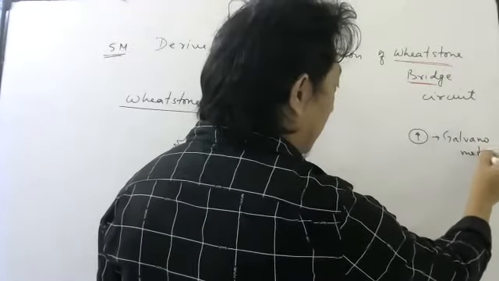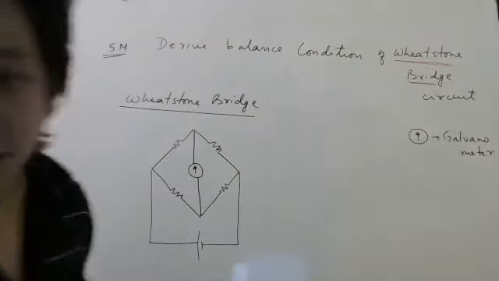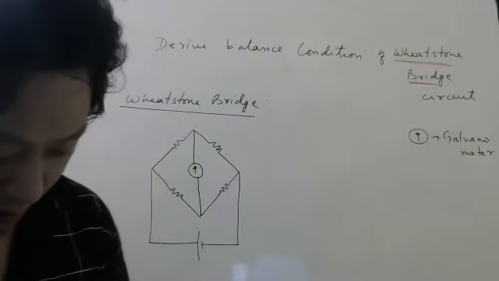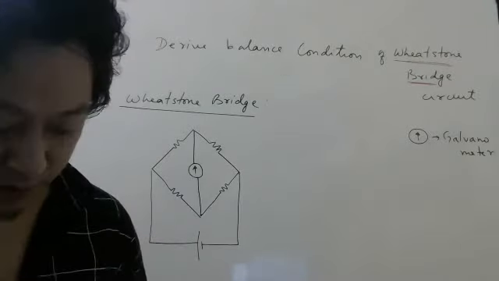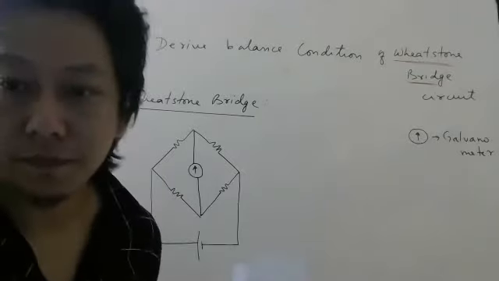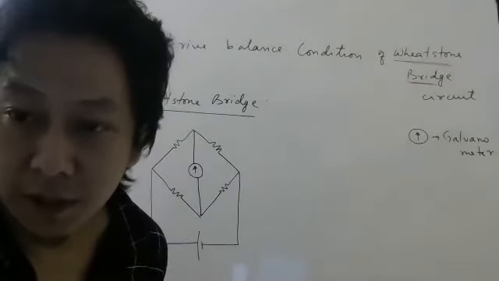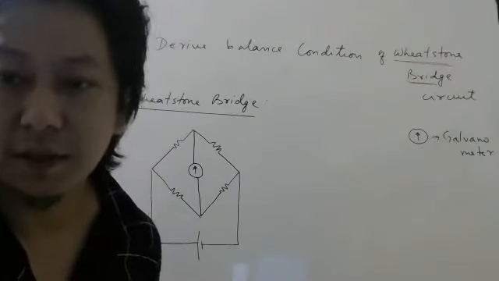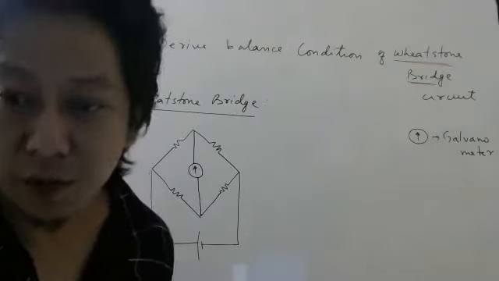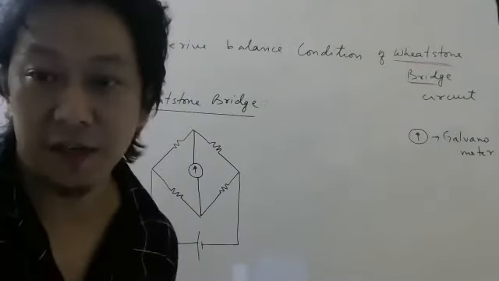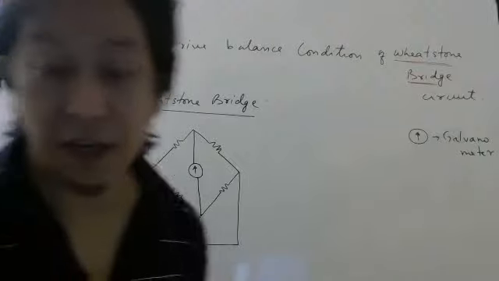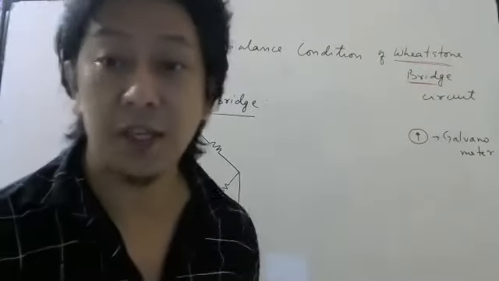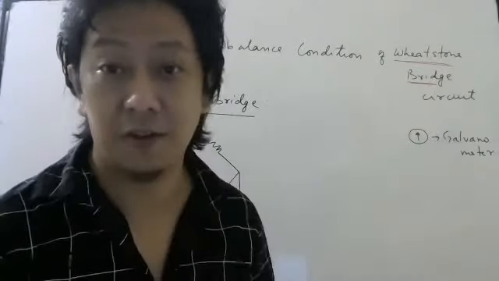Anyone knows what is the function of galvanometer? Measure small current. Yeah, basically galvanometer to show direction. Yeah, that is also correct. Detection of current. So basically it detects current, and the beauty of galvanometer is it can detect direction also.